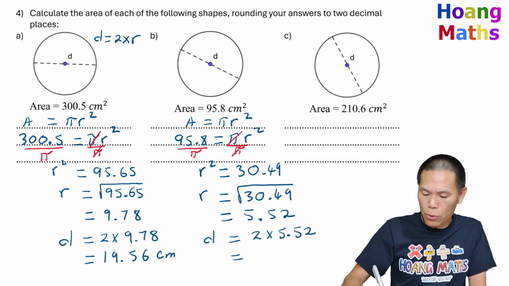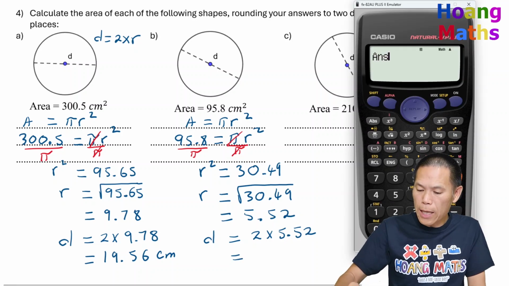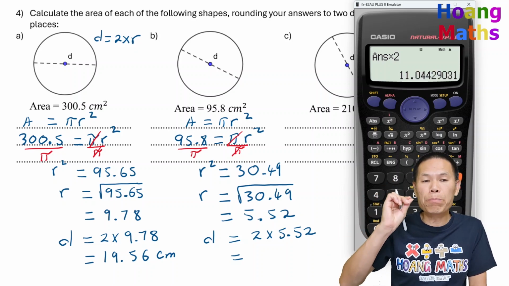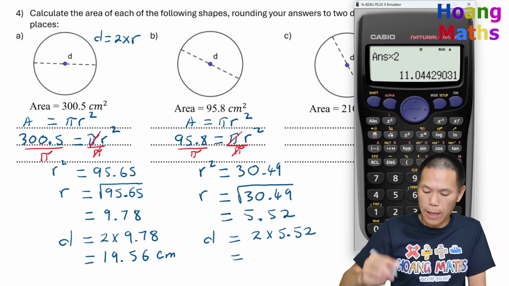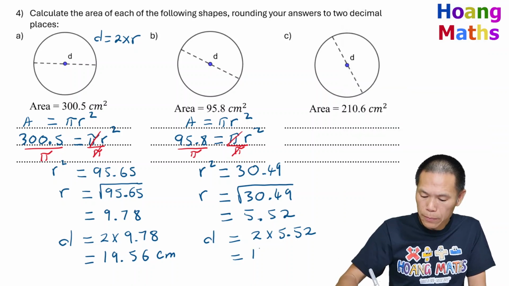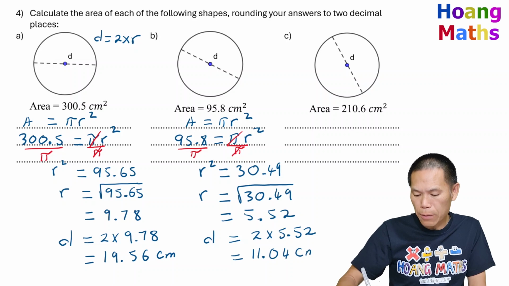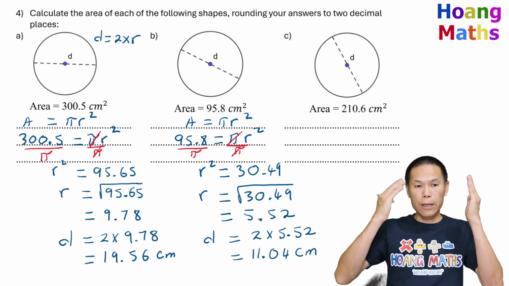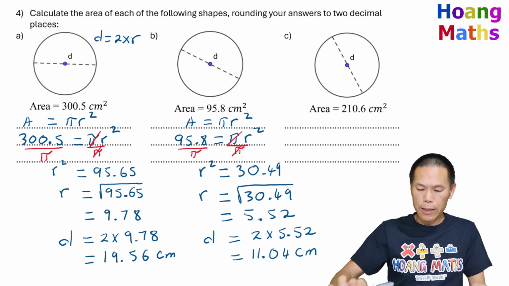That is equal to, I just go answer times 2. So there you go. Correct to 2 decimal places, 11.04. Okay, 11.04 centimeters. That is the diameter of this circle here. I hope you got it correct.